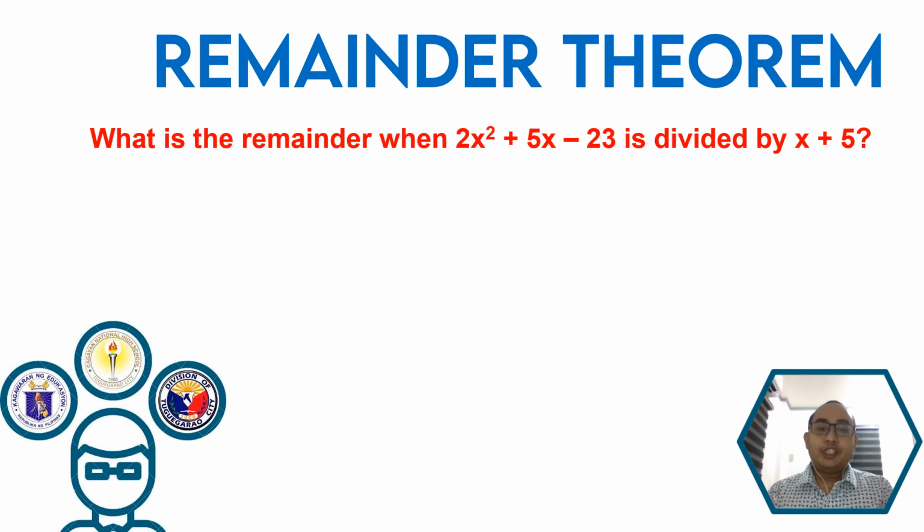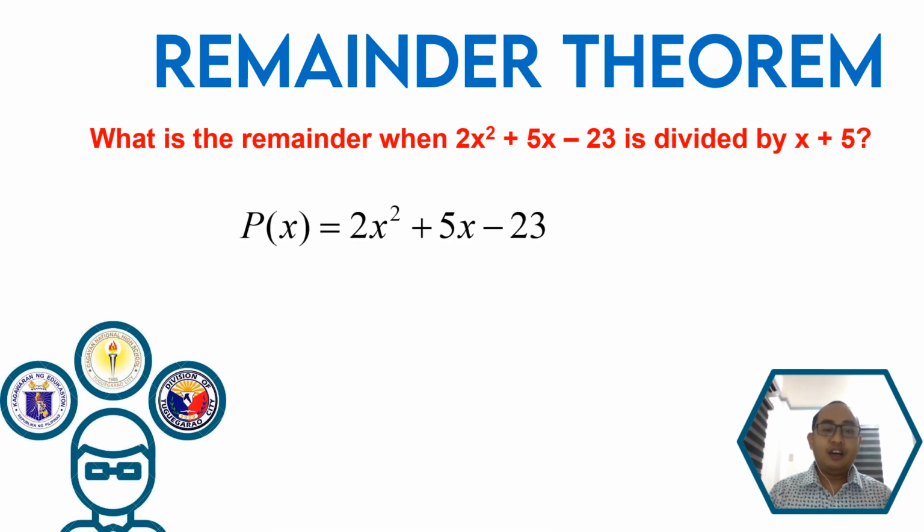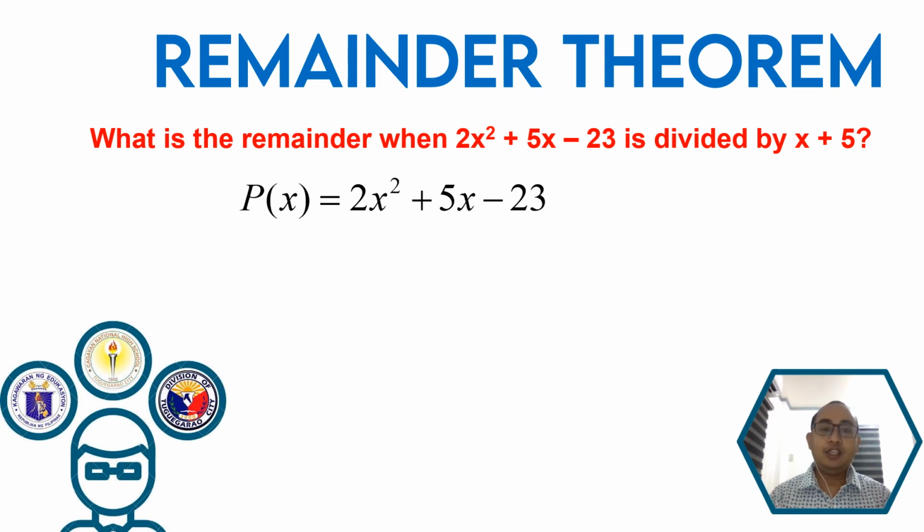What is the remainder when 2x squared plus 5x minus 23 is divided by x plus 5? To recall, this was our first example earlier, class. So, using the remainder theorem, we now let p of x be equal to 2x squared plus 5x minus 23. That is our dividend.